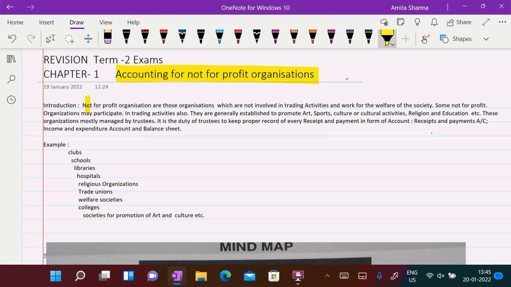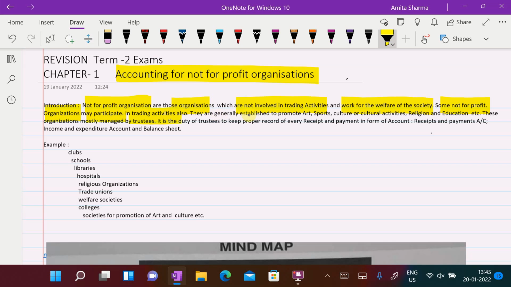So, not for profit organizations are those organizations which are not involved in trading activities and work for welfare of society. Dear students, some not for profit organizations may participate in trading activities also.